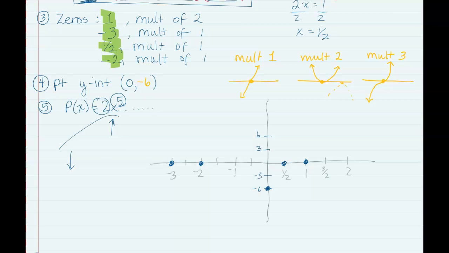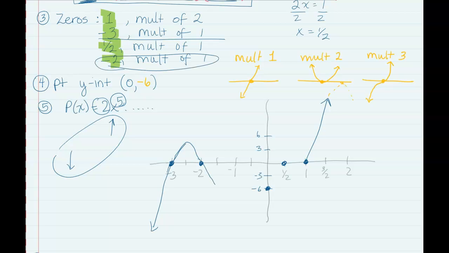Notice our end behaviors say if you go to the far left, it goes down. If you go to the far right, it goes up. At -3, the multiplicity is 1, so it needs to go through it. But it needs to turn around and come back to 2. At -2, the multiplicity is 1, so it needs to go through it.